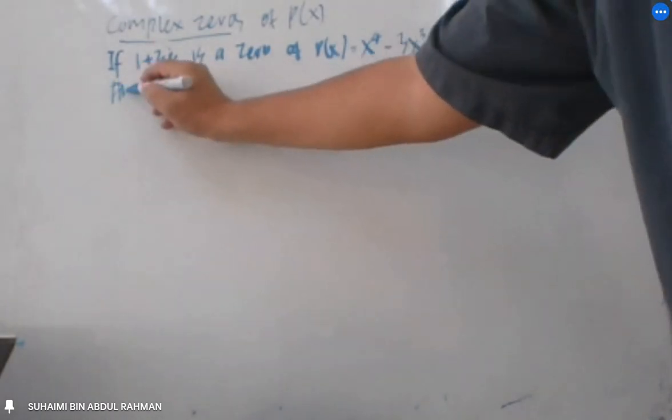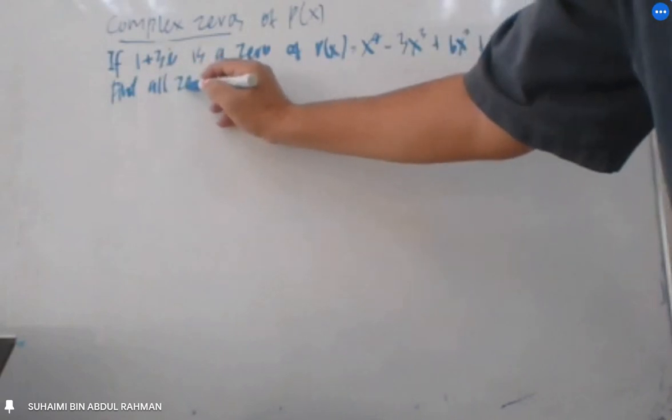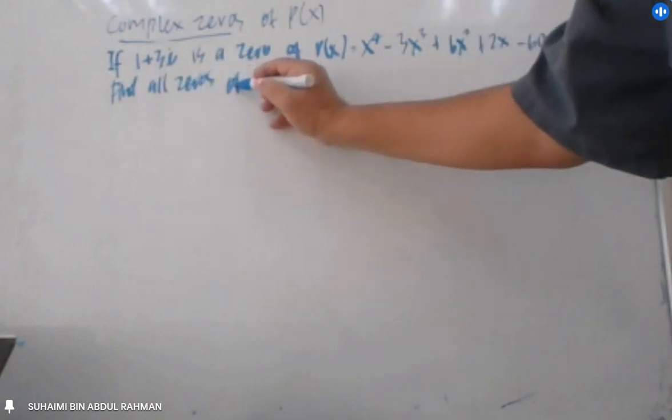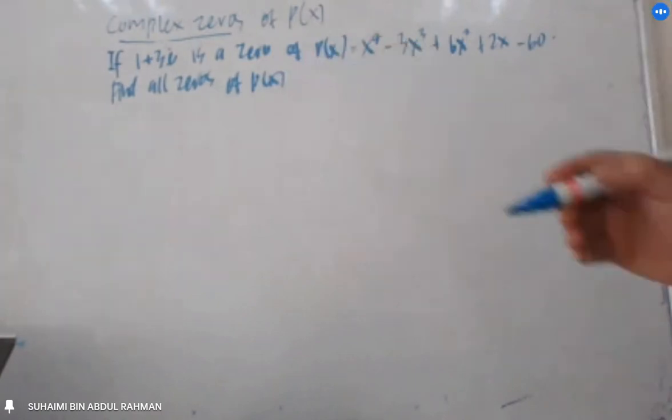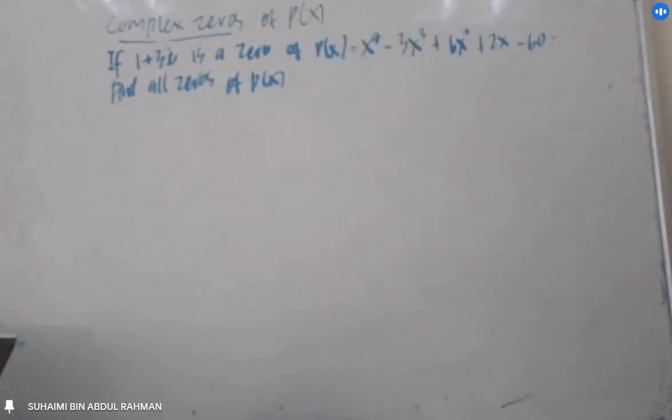Find all zeros of p(x). How many zeros altogether for this polynomial?